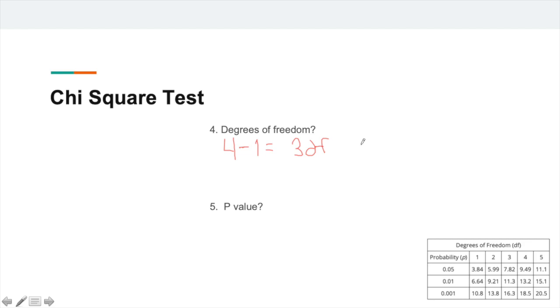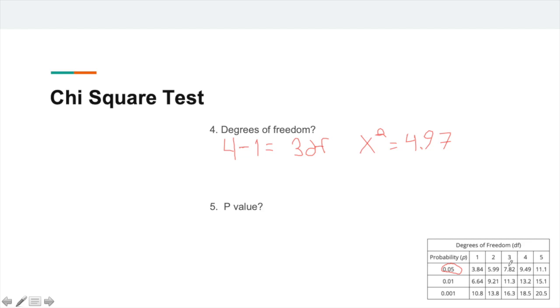All right, and now, so we have our 3 degrees of freedom, and then we have our chi-squared value, that is 4.97. And now we can go look in the table here. So go under the column that, again, we're looking for it to be significant, we should be looking in this 0.05 column. And this is just a standard value to determine if a result is significant. So again, we have 3 degrees of freedom.